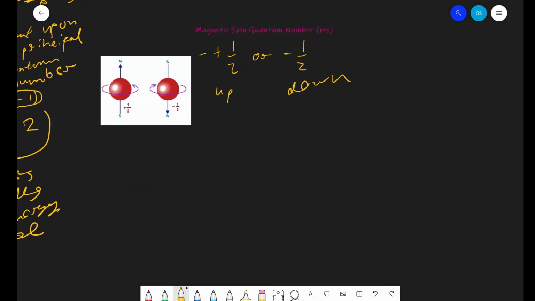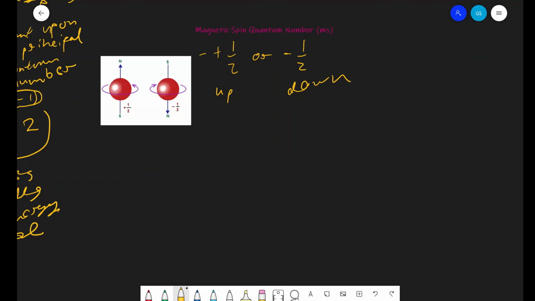Generally, when you write your quantum numbers, you'll put your principal quantum number first.